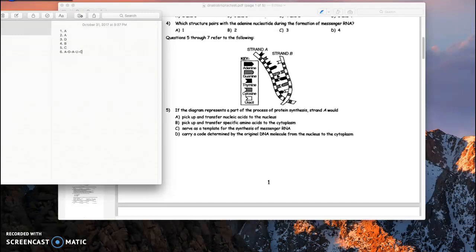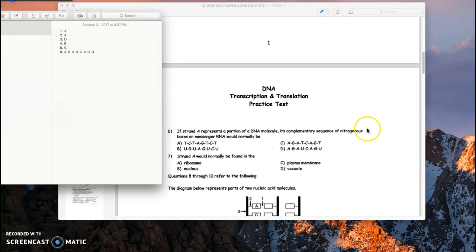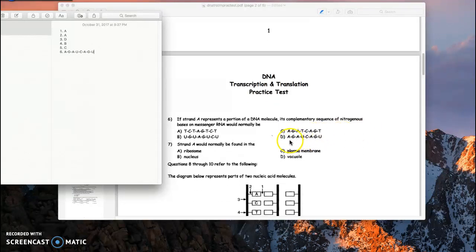Guanine pairs with cytosine. Thymine pairs with adenine. Cytosine pairs with guanine. And adenine pairs with uracil. So I can scroll down here and we can see that our answer is A, G, A, U, C, A, G, U. It would be C if it was going from DNA to DNA, but because we're going from DNA to RNA, our answer is D.